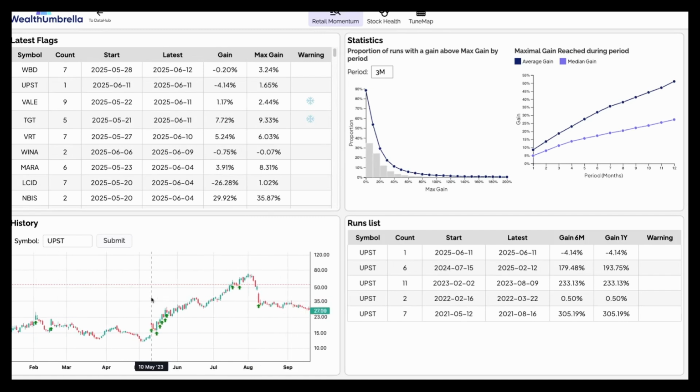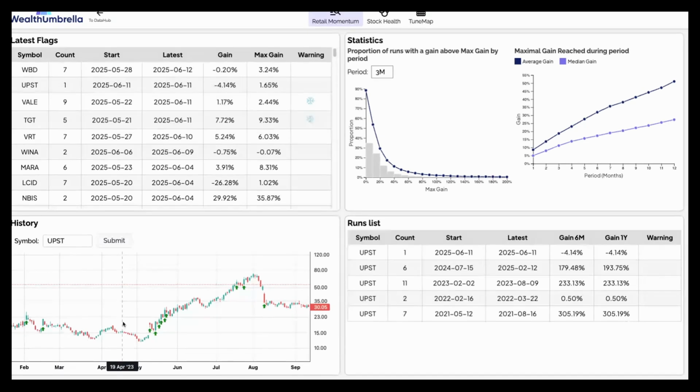For example, if we look at Upstart here, we can see that there's a whole bunch of flags near the start of the run, and then a few near the top that would be bad or not as good trades. If we were to count them individually, we would have a bunch of very good trades that would increase our average gain and make it seem like the tool is better than it really is.